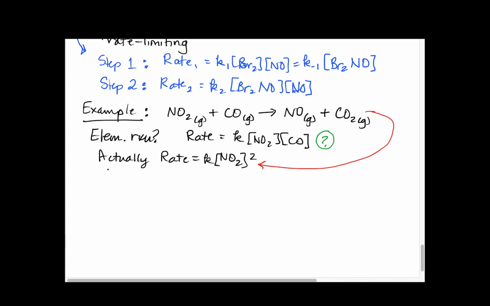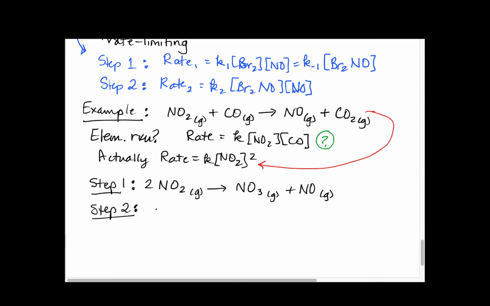So through trial and error and controlling variables carefully, we think that the reaction mechanism for this is really that in the first step, we have 2 nitrogen dioxide molecules colliding with each other, making an NO3 and an NO. And then in step 2, we think that that NO3 is reacting with the carbon monoxide that's present, and that it's regenerating 1 nitrogen dioxide and then producing the carbon dioxide.